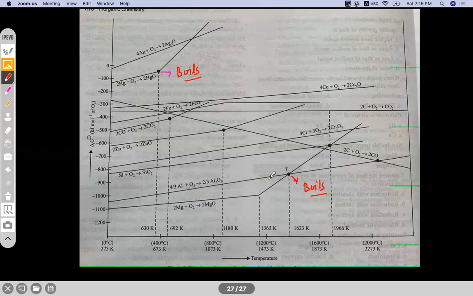Second point, which is more important, you write down: metals which lie above in the Ellingham diagram get reduced by the metal which is below.